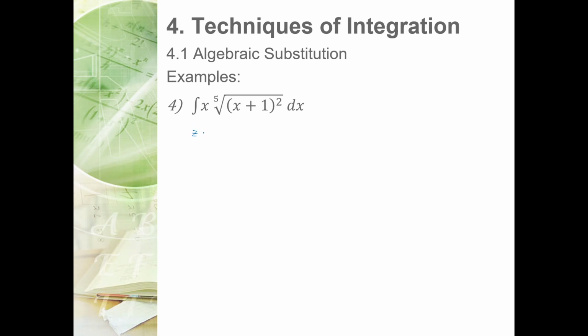So z is equivalent to the fifth root of (x plus 1) squared dx. Alright? So we need dz over dx. That's why we're using the substitution technique.